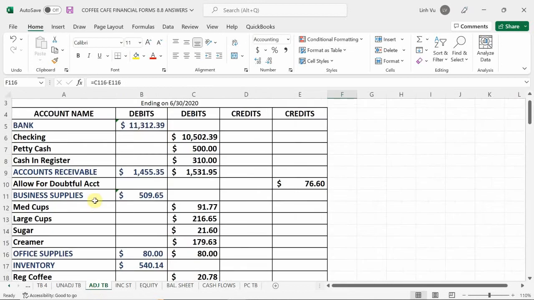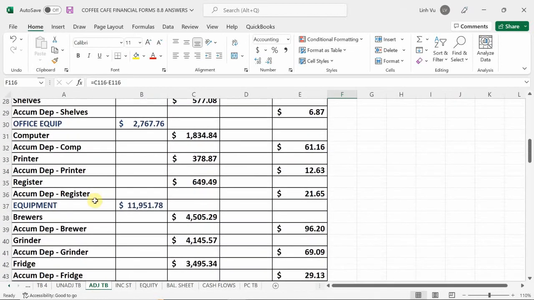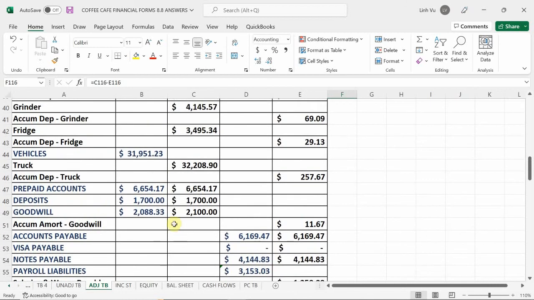Let's take a look at my adjusted trial balance for my goodwill. My goodwill includes depreciation. What is depreciation once again? It's a non-cash transaction, right? So is it possible that my goodwill is at $2,088.33?